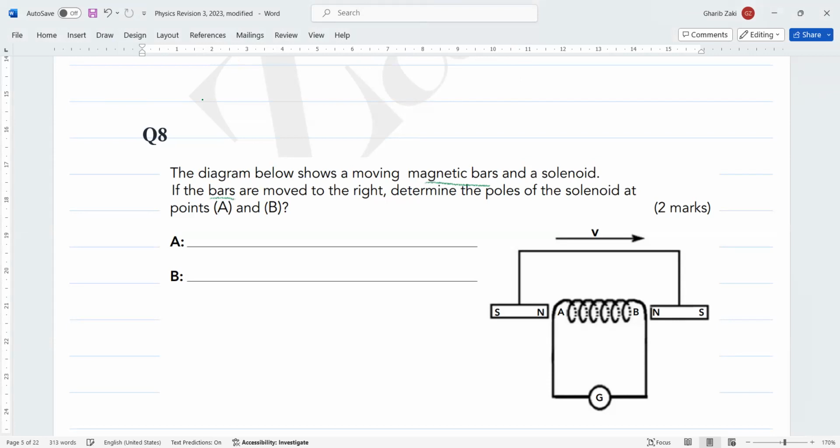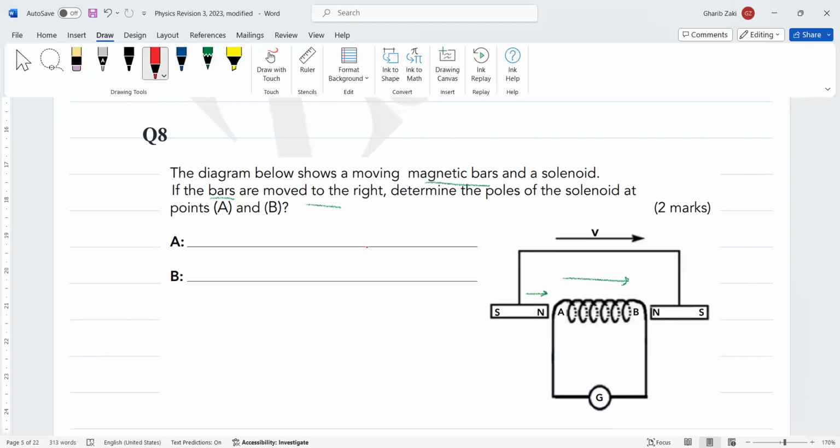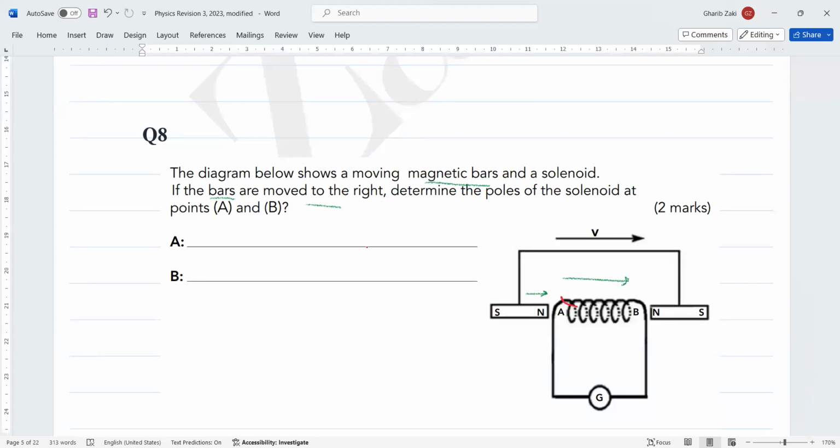If the bar is moved to the right, so the movement is in this direction, determine the poles of the solenoid at A and B. Now, when the bar magnet goes into the coil, this is the north. According to Lenz's law, the polarity at A is opposite. It says it does not enter, so it will be north. Then at A, it will be north.